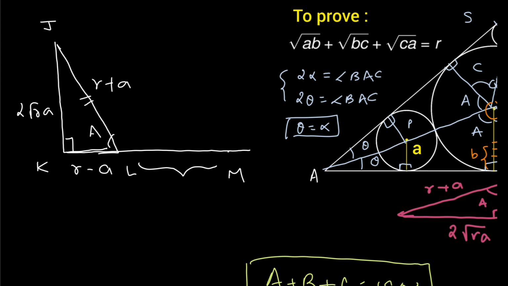That is, the length of the hypotenuse equals this line. Now I will simply draw a line segment joining the points J and M. Now the length of JL is r plus a, and as we have drawn LM equal to that only, the length of LM would also be equal to r plus a.